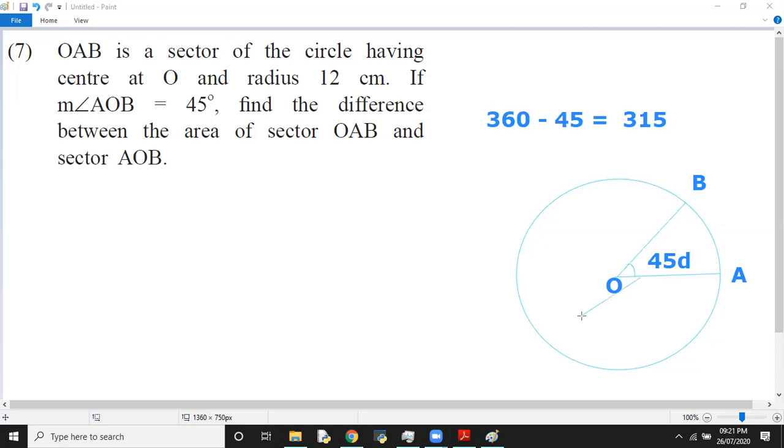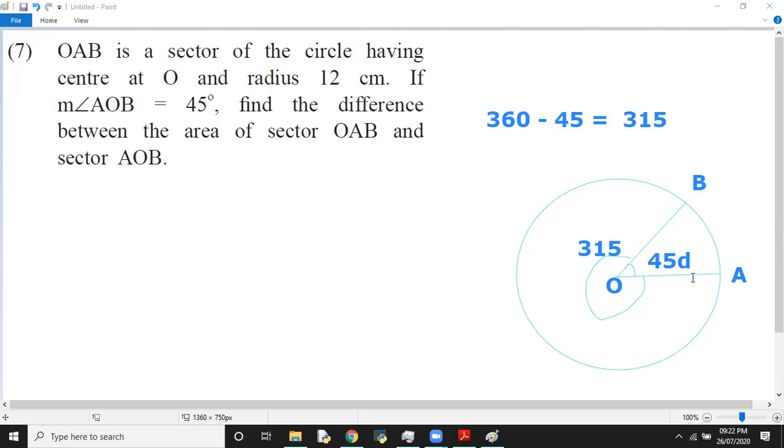Right. Now find the difference between the area of sector OAB.